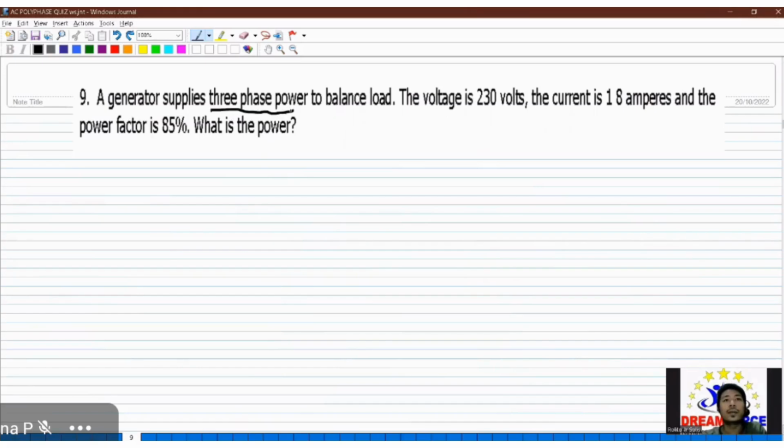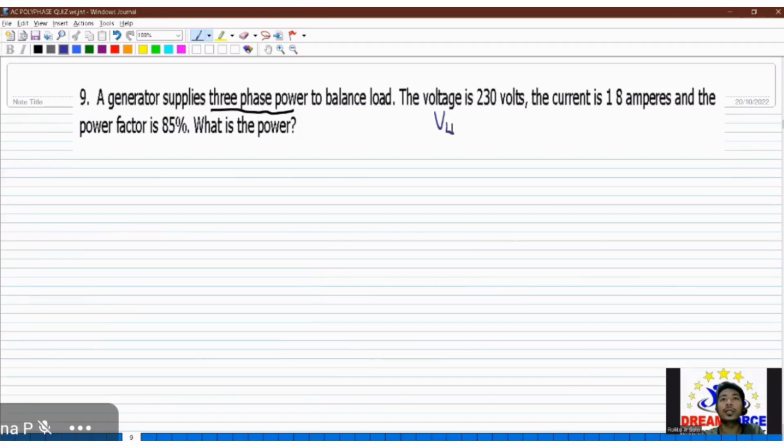So 3-phase. Again, default natin, sana sa polyphase kasi crucial na dapat malaman natin kung ano yung mga given values, kung naka-per phase ba or kung naka-line to line. When it comes to power, kung naka-per phase din ba or kung naka-total power. Tandaan natin, pag walang binanggit, the default is line to line.